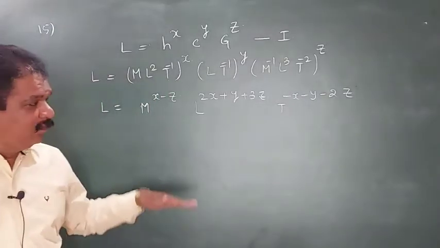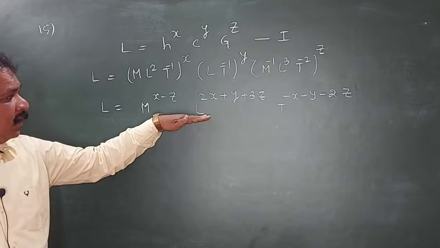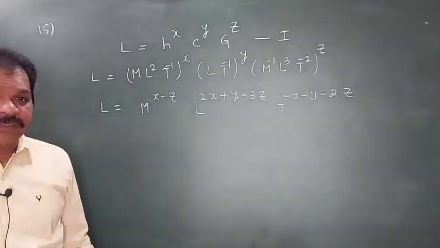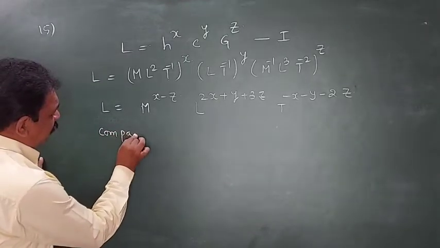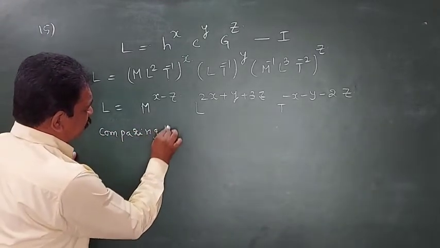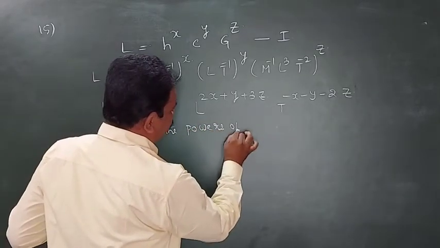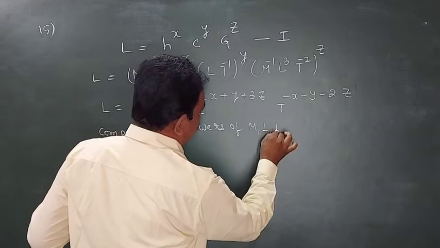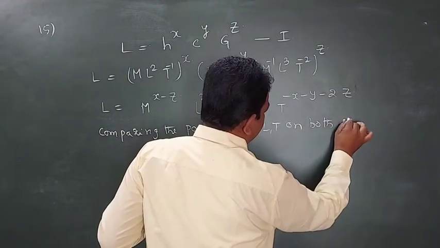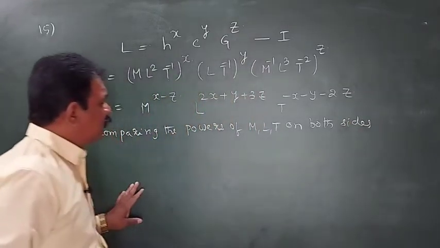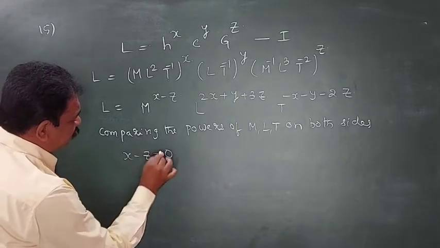We are writing all M powers at one place, all L powers at one place, all T powers at one place. Now, comparing the powers of M, L, T on both sides. x minus z is equal to 0.